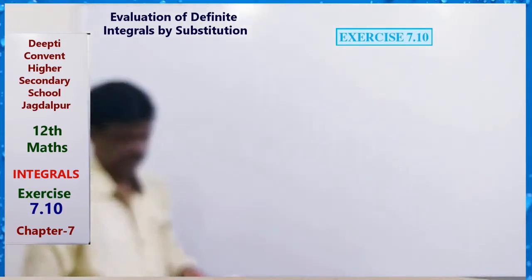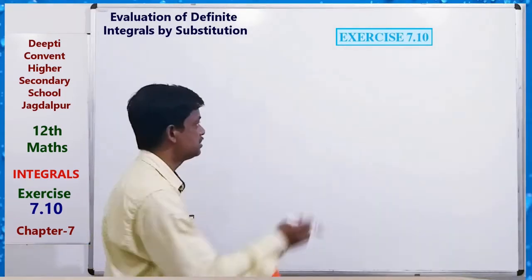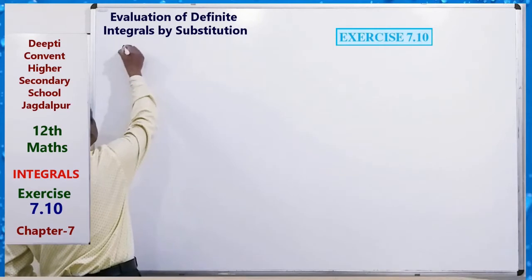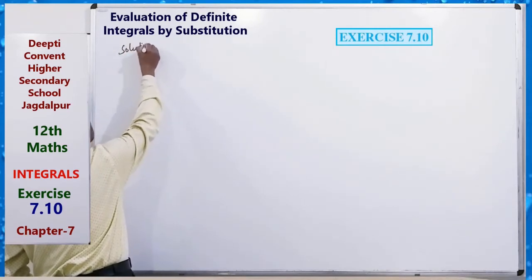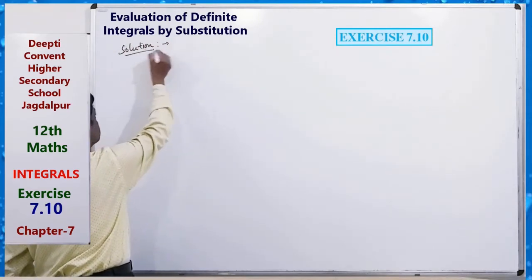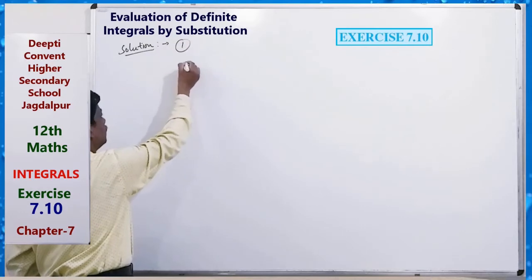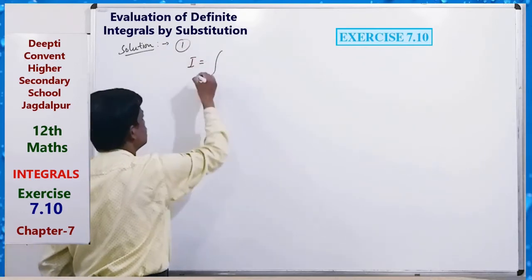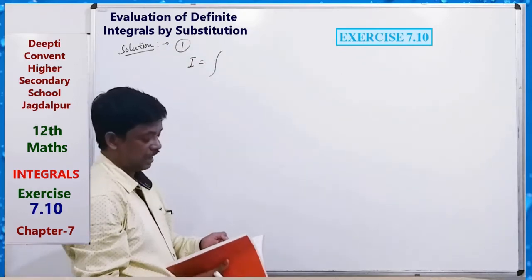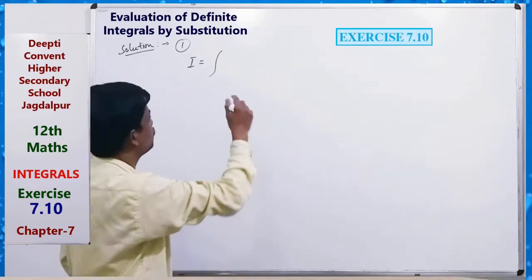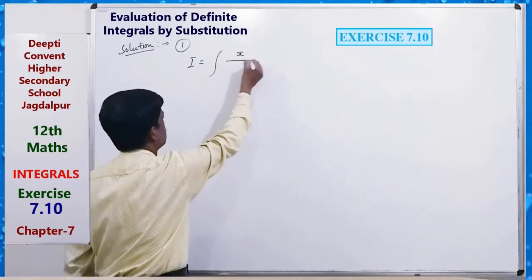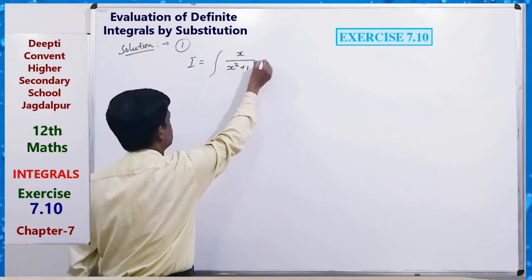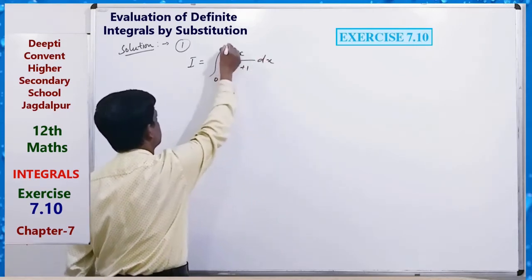Question first. Solution: the integral of x upon x square plus 1, dx, from 0 to 1.